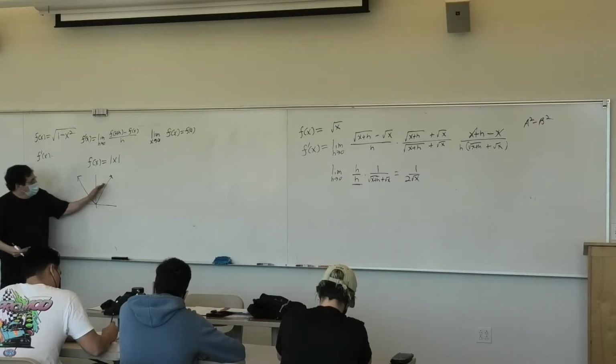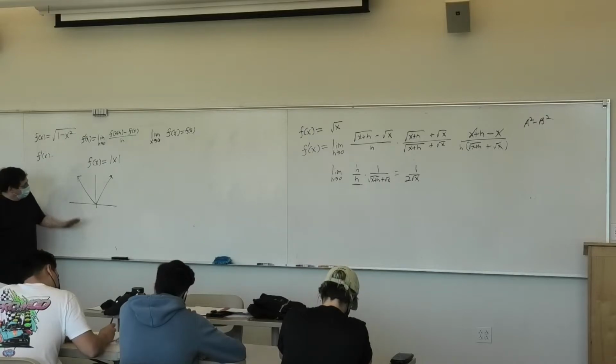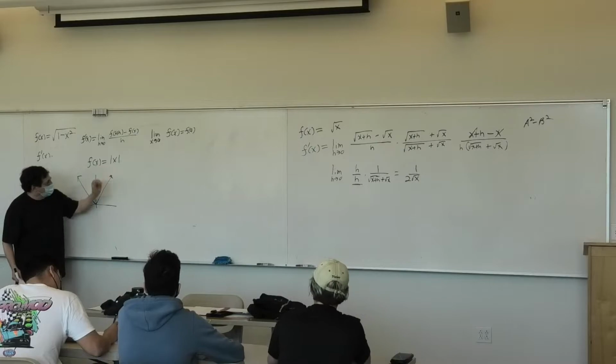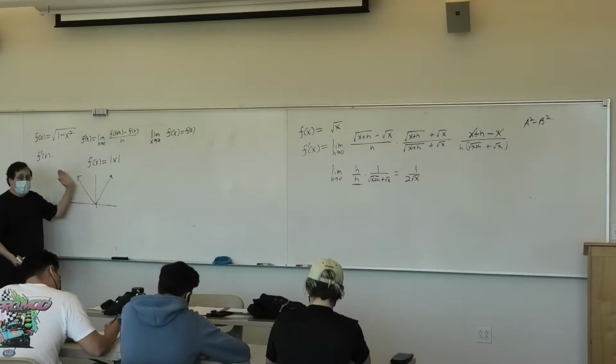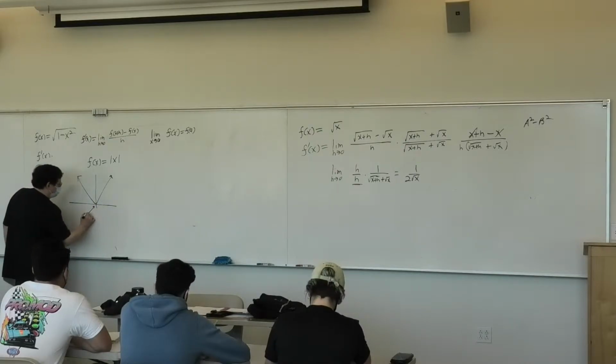It's easy to see that when you're not at 0, you just have straight lines, so it is going to be differentiable there. The interesting question is, what about at 0?